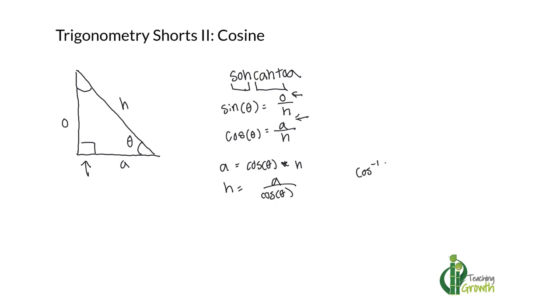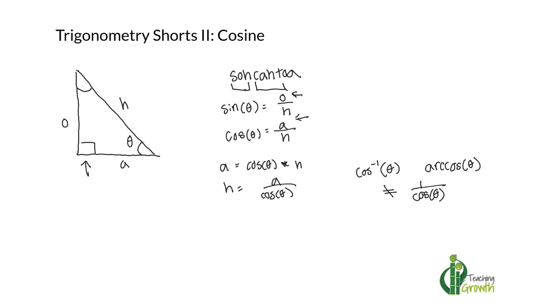Cosine to the negative first power of theta is the way you write the inverse, or you can also write it as arc cosine of theta. This should not be confused with 1 over cosine, even though it's tempting to think of it that way since it's to the negative first power. It's just the way the notation works. It's a bit confusing, I know, but bear with me.